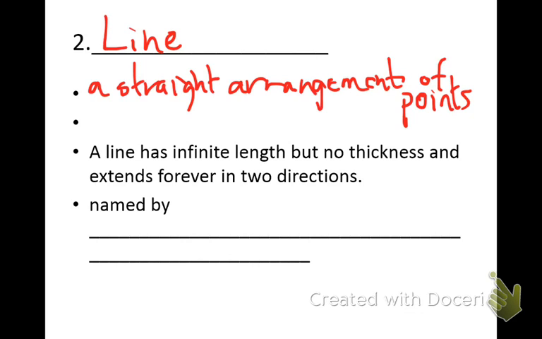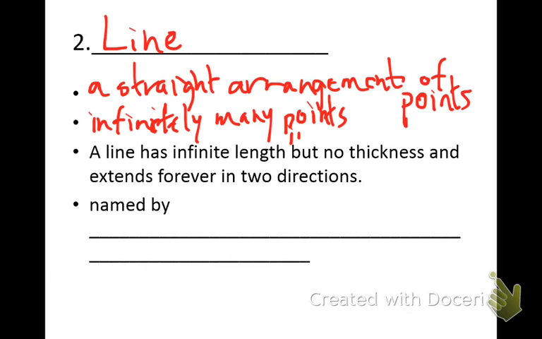So there are infinitely many points in a line. Infinitely many points in a line. It has infinite length but no thickness and extends forever in two directions. A line is named using 2 points on the line.